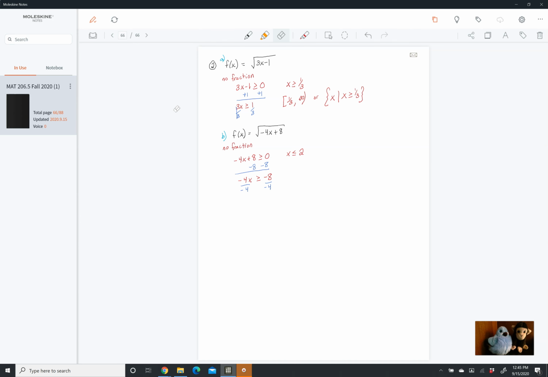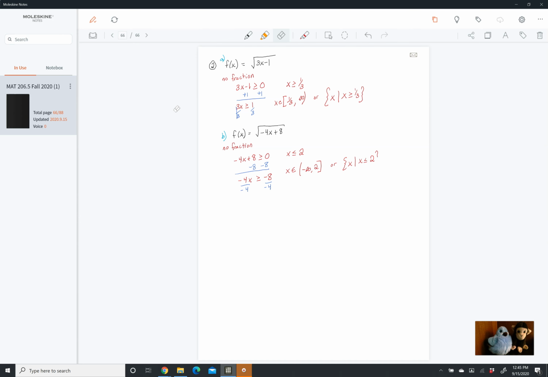Okay, so what does that mean? That means our domain, it's less than or equal to 2, so we start at negative infinity, we go to 2, and it's included. Okay, or again, x such that x is less than or equal to 2.